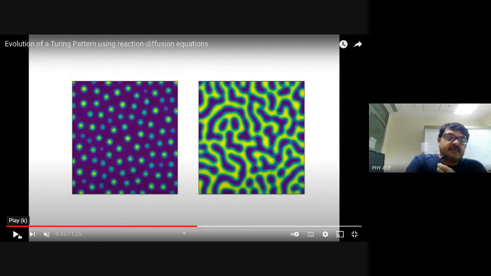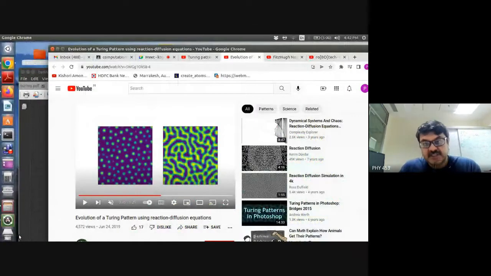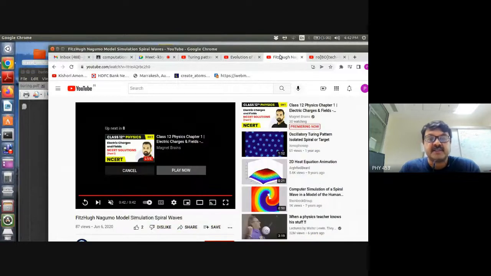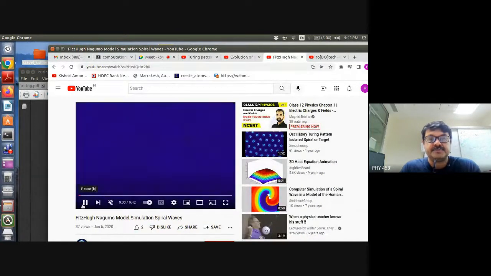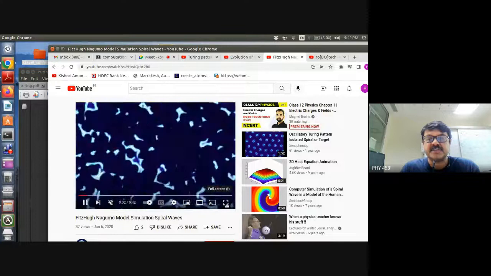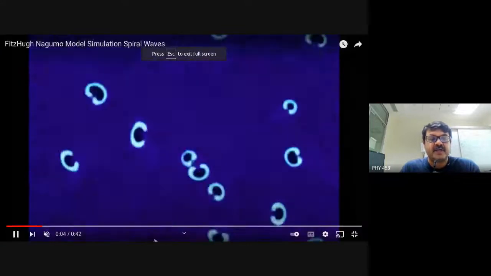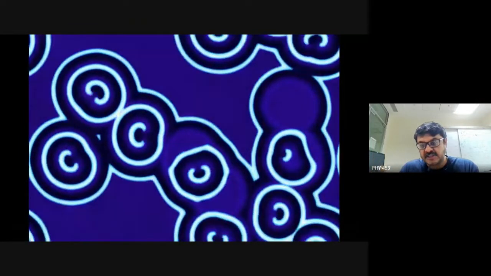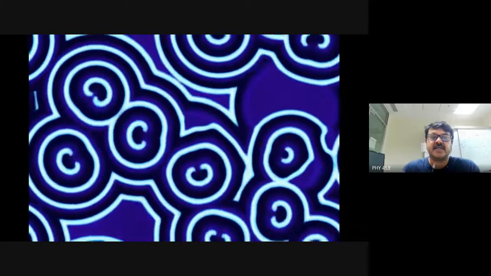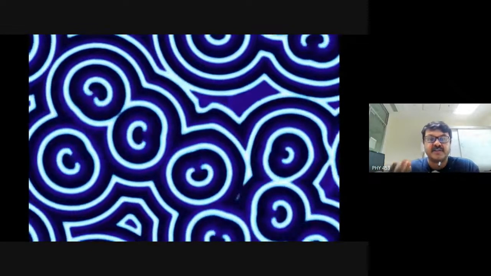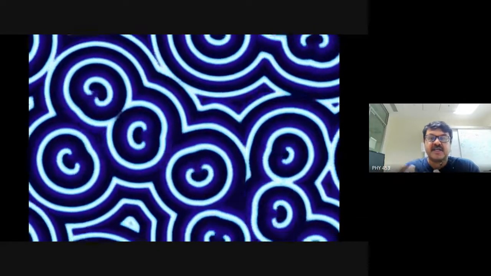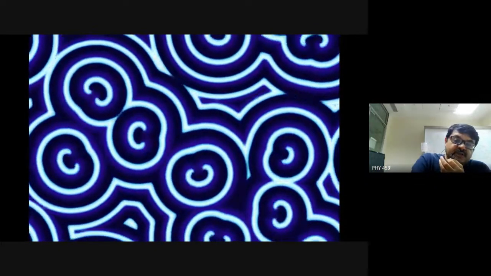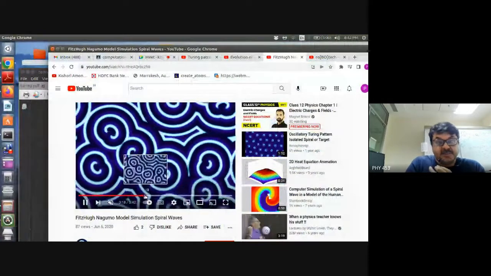Now, depending upon the partial differential equation in question, one can have different types of patterns. For example, here you see some spirals appearing, and what is being solved is the FitzHugh-Nagumo equation, and we shall discuss it a bit later in class. And here you see various beautiful patterns emerging as solutions of nonlinear partial differential equations.